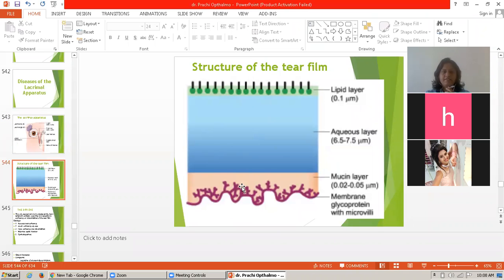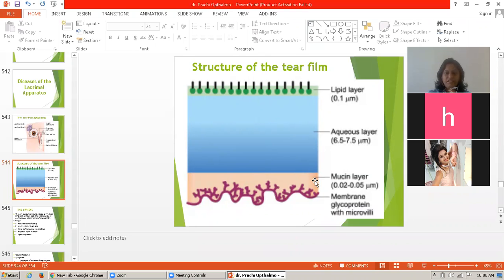Second one is the structure of the tear film. When we study the tear film, there are 4 to 5 structures in the tear film. First of all, there is a lipid layer, which is 0.1 micrometer. Then the aqueous layer, which is 6.5 to 7.5 micrometer.